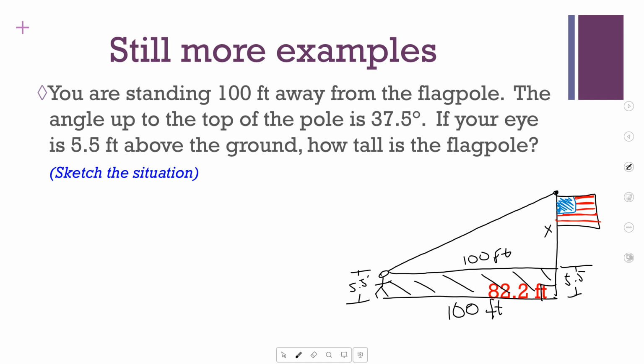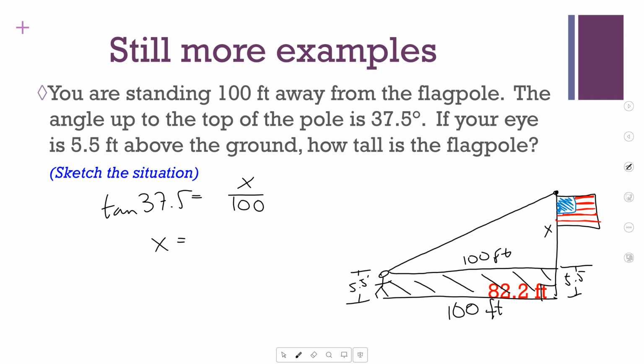So what did you do? Tangent, and that divided by 37.5. Opposite over adjacent. 100 divided by cosine 37.5. Okay, exactly.